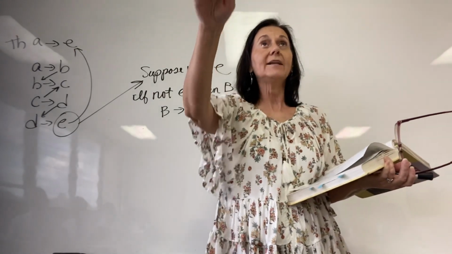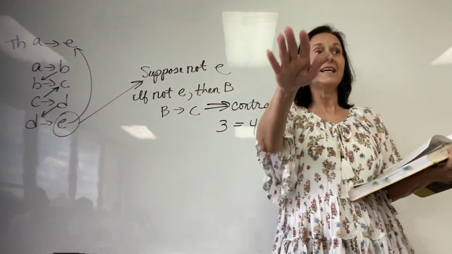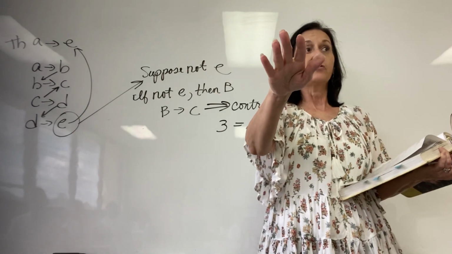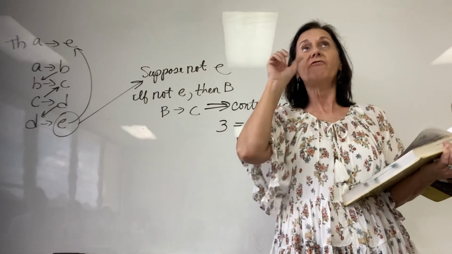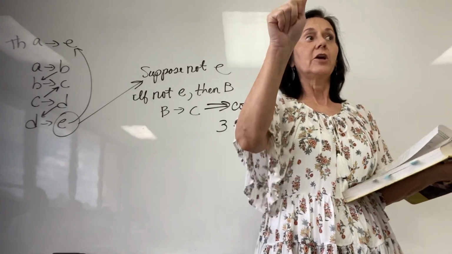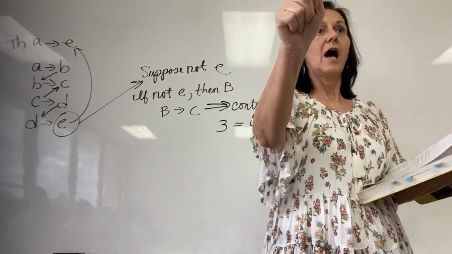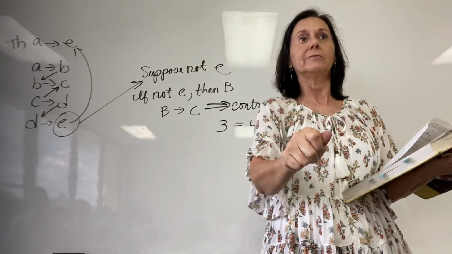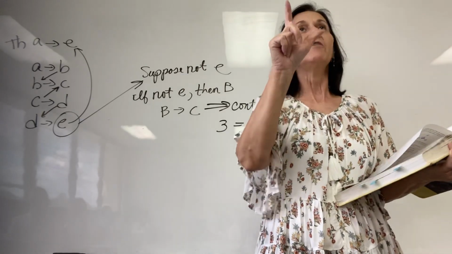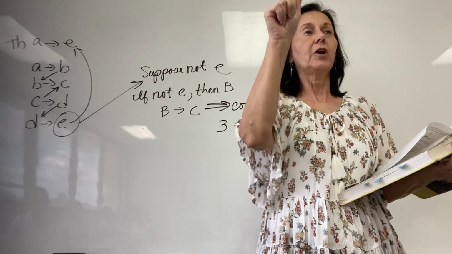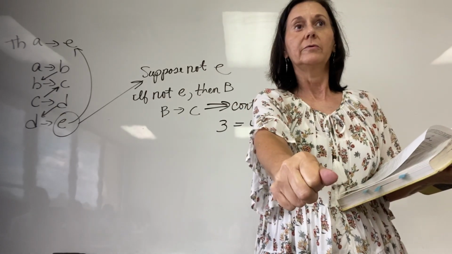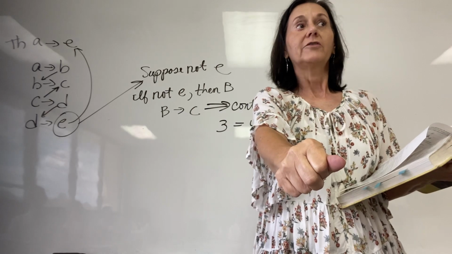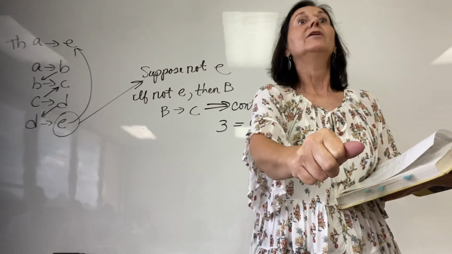And when you get to a point where there's a contradiction to the conclusion not being true, if it is false that the conclusion is not true, then what must be true? Okay, that's a mouthful. If it is false that the conclusion is not true, then what must be true? The conclusion has to be true.